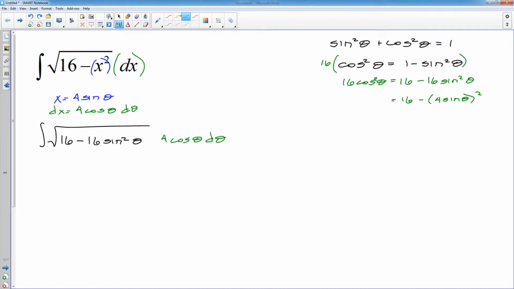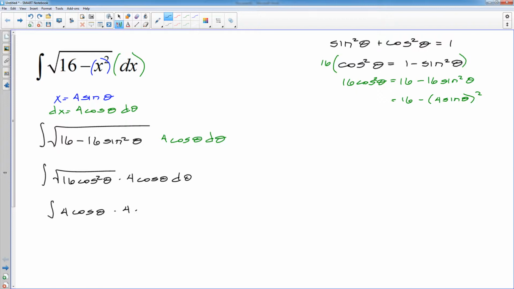And then we start cleaning this up. The whole point of the trig substitution is that I can now say that 16 minus 16 sine squared is the same thing as 16 cosine squared. And then I have my times 4 cosine theta d theta. And the square root of 16 cosine squared is 4 cosine theta.